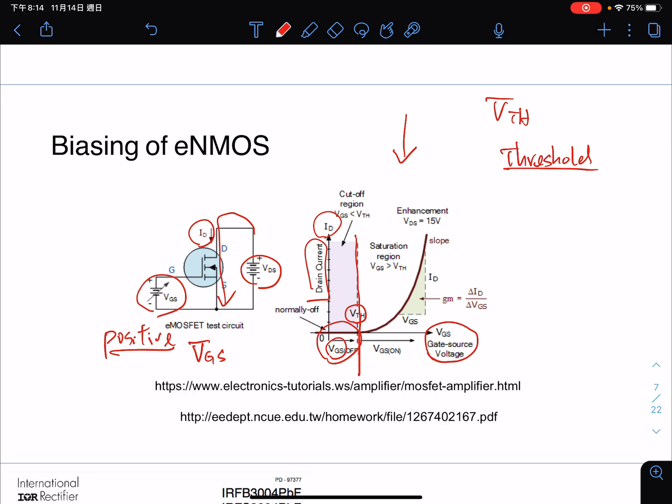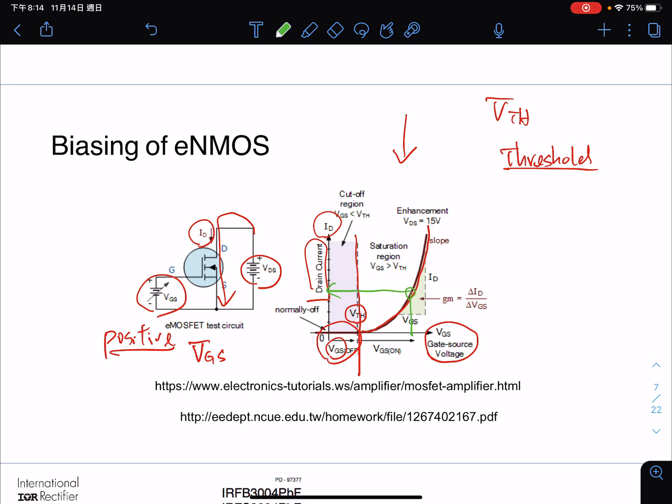After the VGS is greater than the threshold voltage, the current starts to rise. And we can notice that as long as the VGS is fixed, then the ID is fixed.